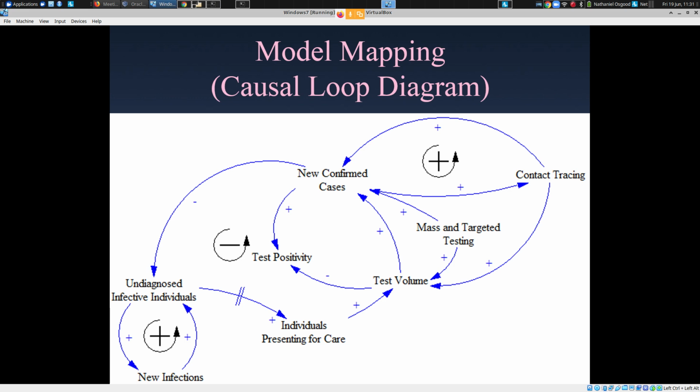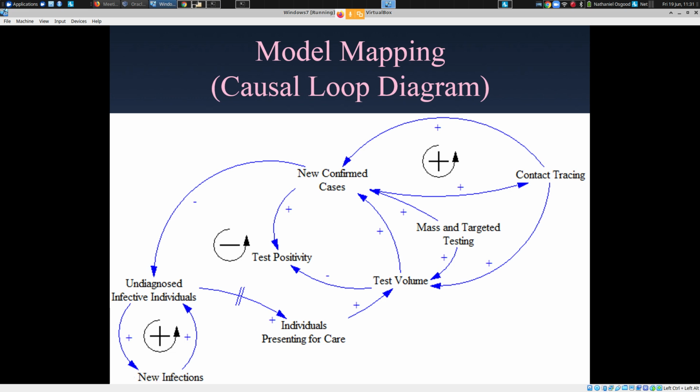So we might, for example, articulate models as model maps initially, where we have some number of undiagnosed infective individuals. They tend to lead, all other things being equal, to new infections, which create more of them. So this is a reinforcing vicious cycle that otherwise leads to more and more undiagnosed infective individuals.